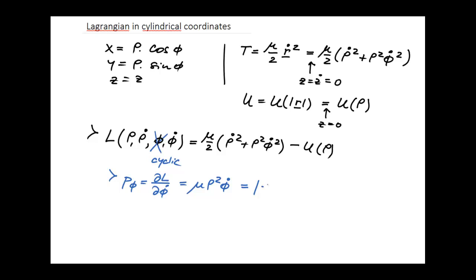So this is actually equal to the absolute value of the angular momentum, which we also simply write as a little l. So this is a constant of the motion.